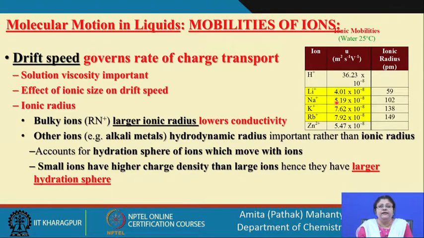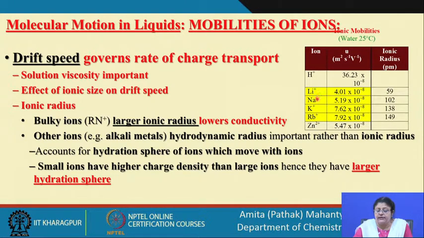So, one thing is, if you have bulky ions, their movement is less. If their movement is less, then the speed is less, and their mobility, U, is less. On the other hand, suppose you have an alkali metal series like the one we have just discussed. If you can visualize the periodic table, you have lithium, sodium, potassium, rubidium.